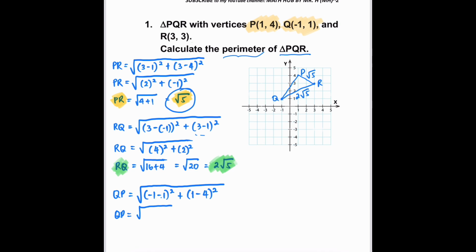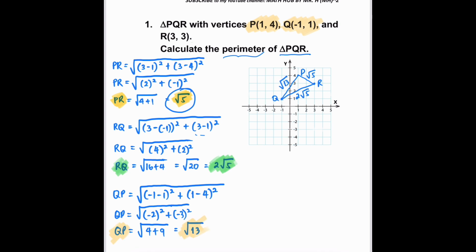Negative 1 minus 1 is negative 2. 1 minus 4 is negative 3. So for QP, negative 2 to the power of 2 is positive 4. Negative 3 to the power of 2 is positive 9. Therefore, QP is square root of 13.